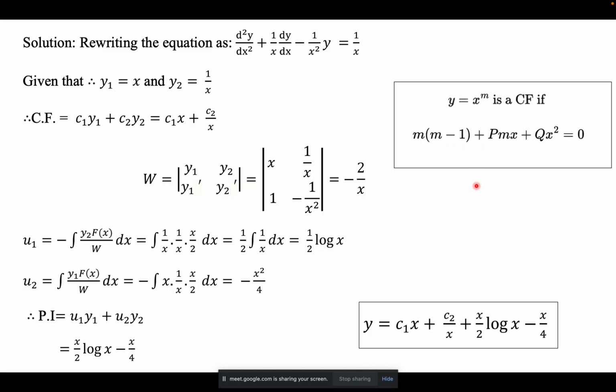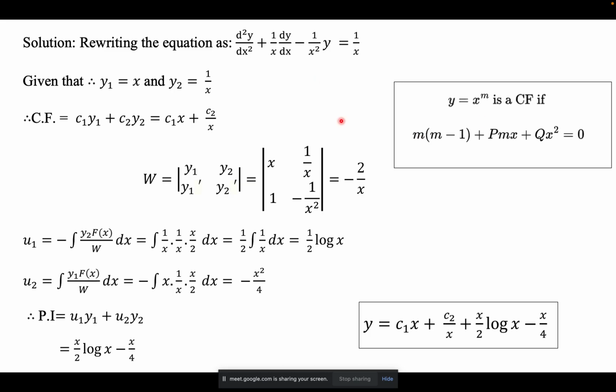So from here you can compare the value of p: the value of p is 1 by x and the value of q is minus 1 by x square, right? If I put in y is equal to x power m, with m equal to 1, then if p plus q x square... that is, if p plus qx is 0, then y is equal to x is a complementary function.